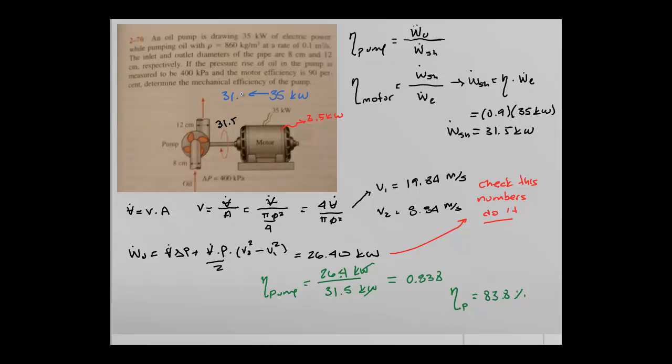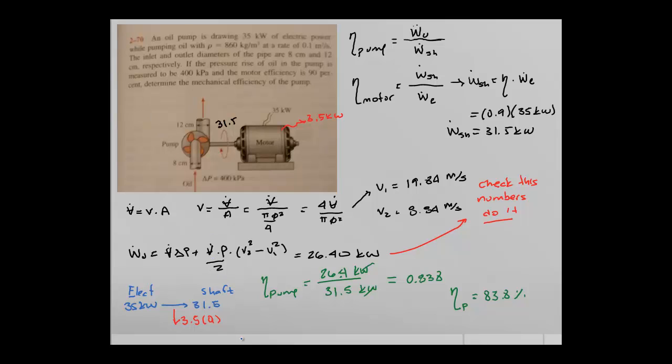Out of those, 31.5 are in the shaft, while 3.5 are lost as heat.